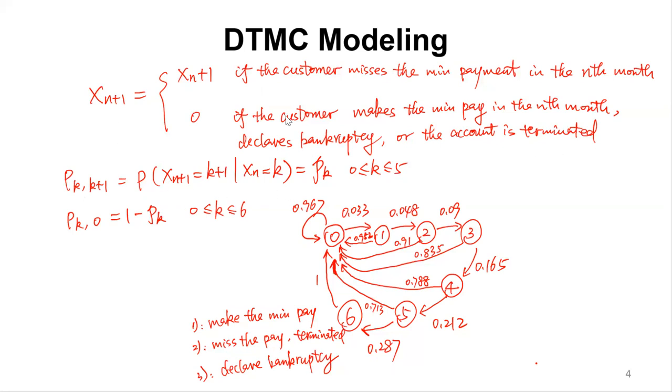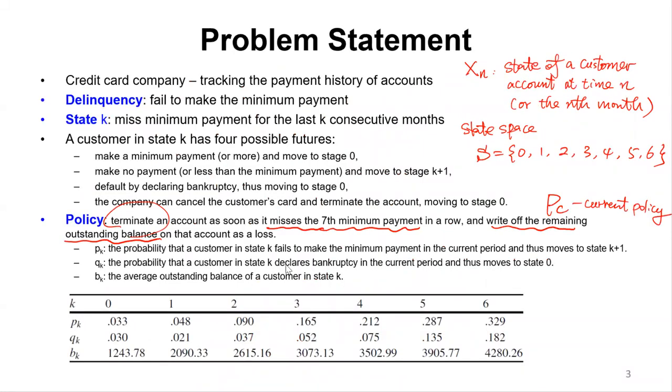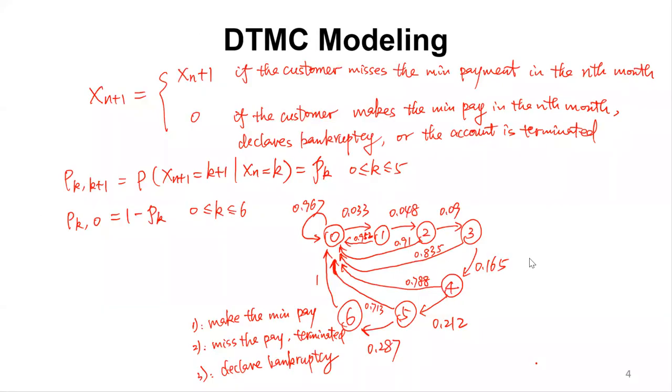Based on this state definition, we have the transition probability P_K,K+1, equal to the probability that when Xn equals K, meaning K consecutive months of missed minimum payment, the next state will be K plus 1 consecutive months. This is P_K, from state K to K plus 1, for K greater than or equal to 0 and less than or equal to 5.